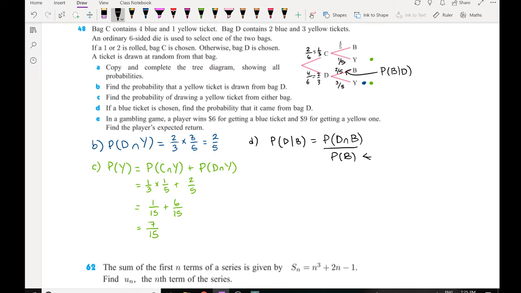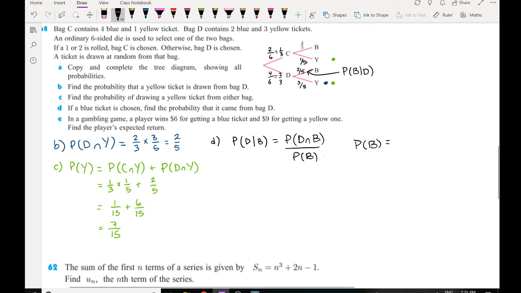We'll figure out this separately, the probability of B. We'll use the same strategy that we did for the probability of Y, or probability that it was yellow. So this probability of B will just be the probability that it's blue from bag C plus the probability that it's blue from bag D. So that works out to be 1/3 times 4 over 5 plus 2 over 3 times 2 over 5.